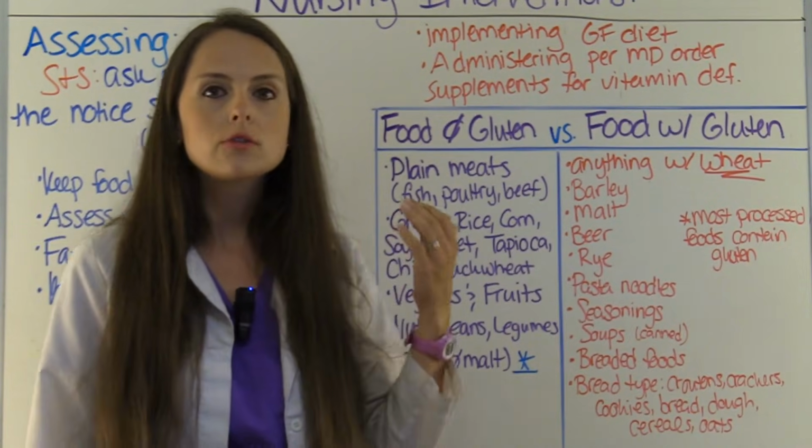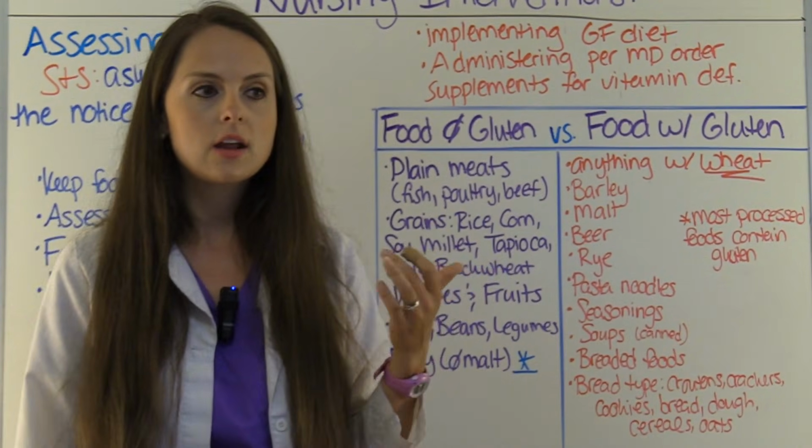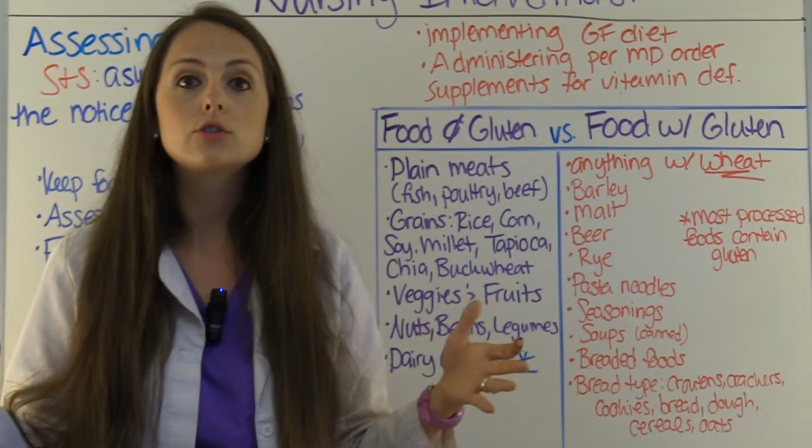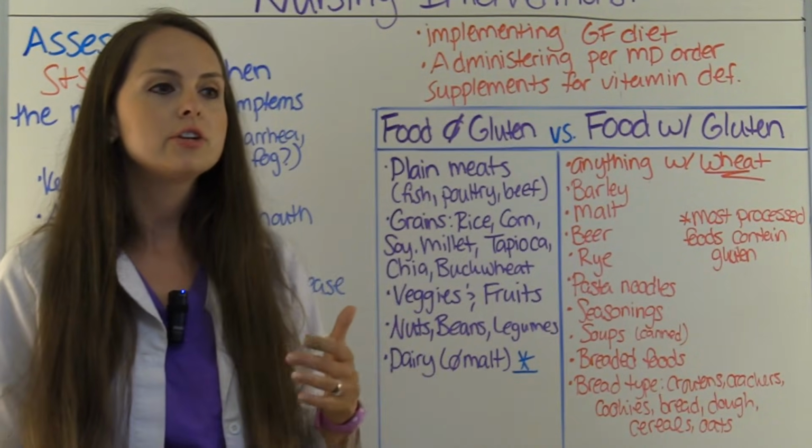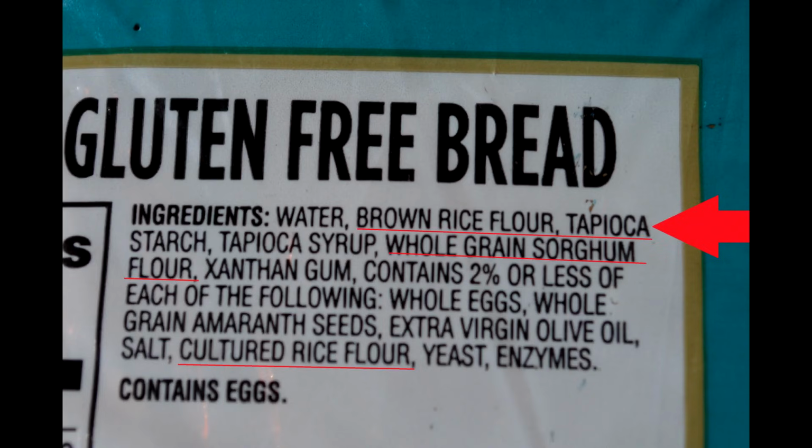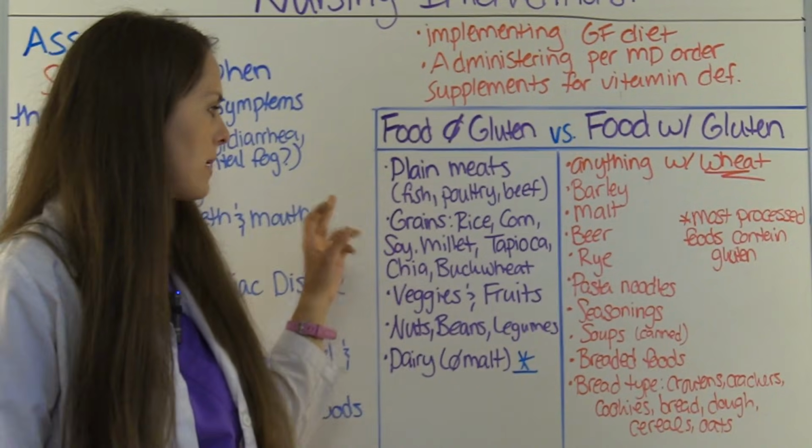But nowadays, grocery chains and restaurants are really expanding their gluten-free options. And they're using rice flour, corn flour to bread things so that they don't contain gluten. So have the patient keep that in mind.